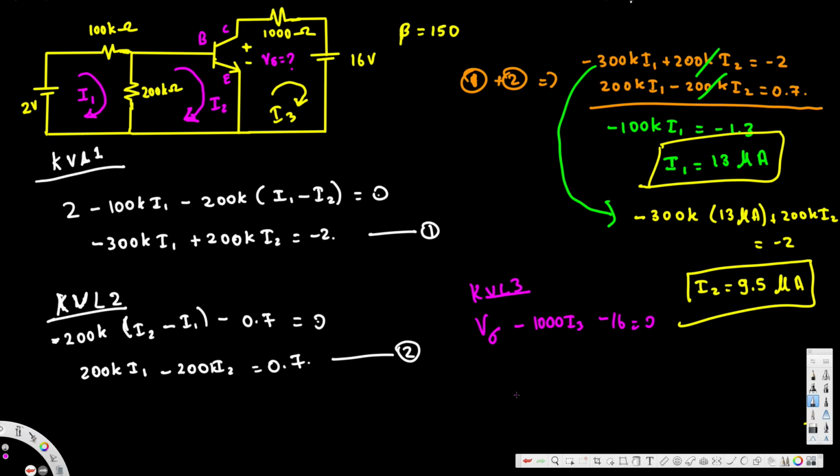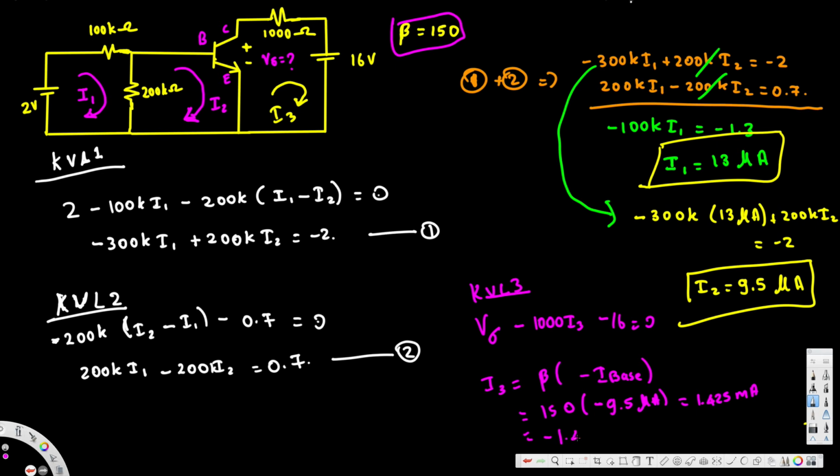And also we have an equation that is I3 is equal to beta times negative I base, beta is given 150 times I base. I base is negative 9.5 microampere. And if we solve for this one, this is going to be 1.425 milliampere.